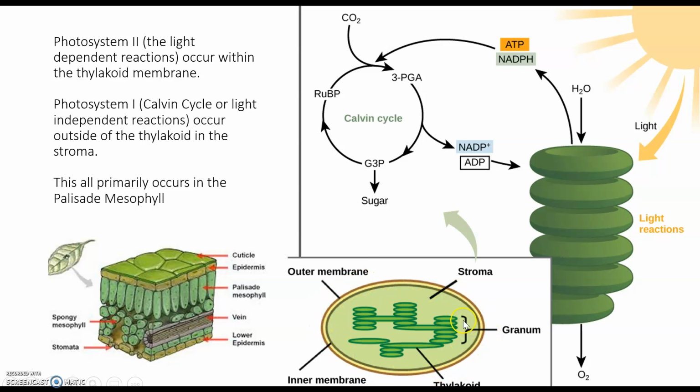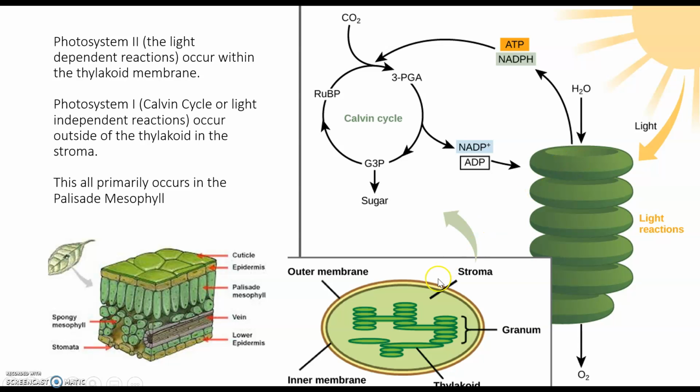Then, if we decide to focus on a stack or granum of our thylakoid, we will be looking at this. This here is a granum, which is just a stack of thylakoids. If we look at just one thylakoid, we will see photosystem 2 occurring.